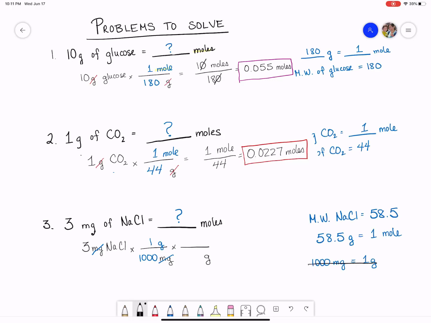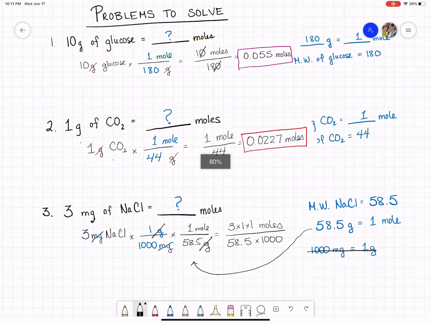Now I can plug in my grams to mole conversion. So I'm going to put 58.5 grams at the bottom, 1 mole at the top, grams cancels out, and I am left with 3 times 1 times 1 moles at the top, and 58.5 times 1,000 on the bottom.